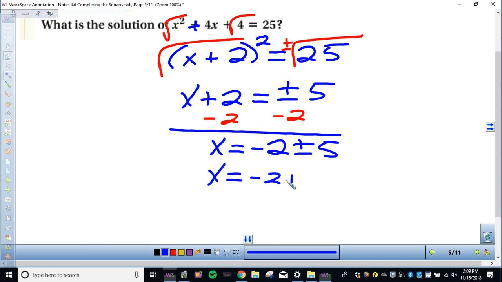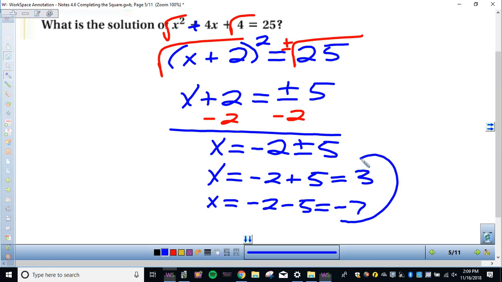So you have negative 2 plus 5, and you also have negative 2 minus 5. What's negative 2 plus 5? And negative 2 minus 5? Negative 7. So these are the two answers.